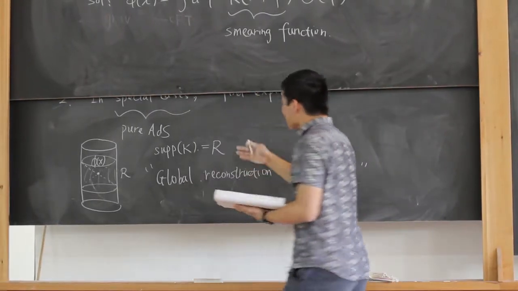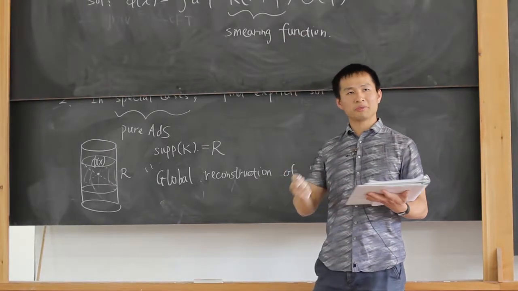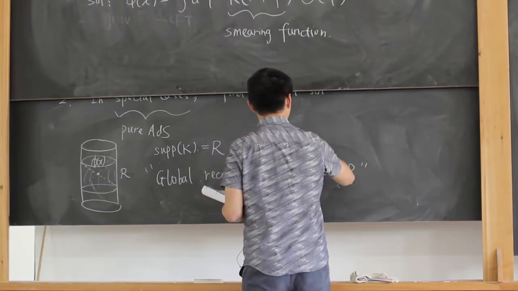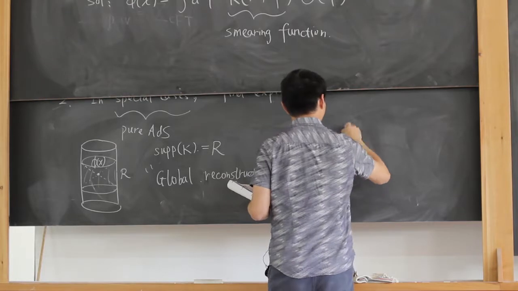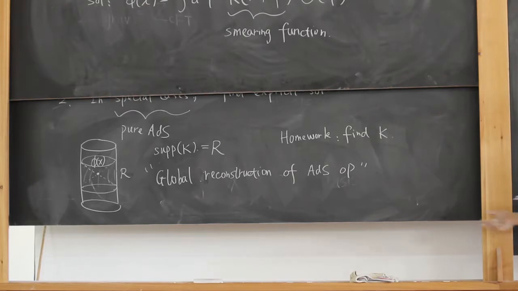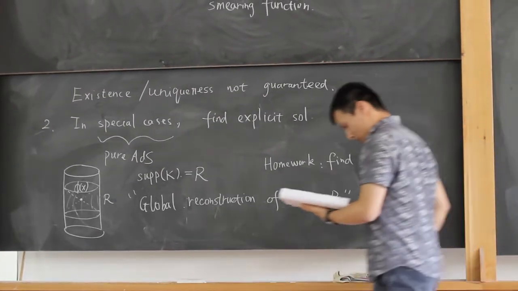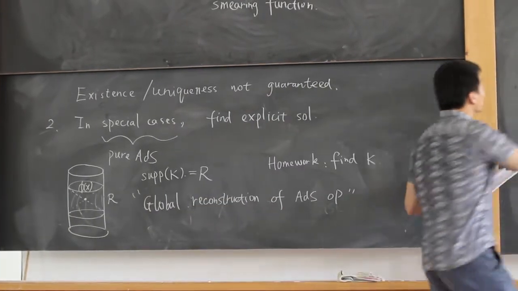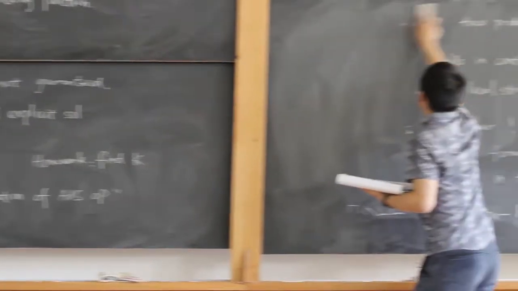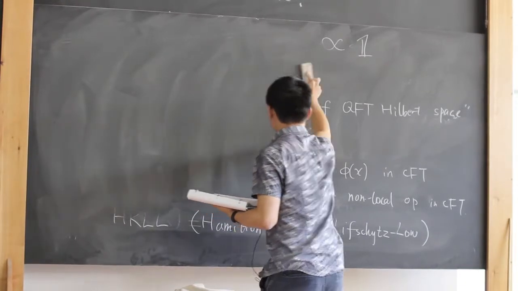So I'm not going to show an explicit formula for the smearing function in this case. It can be written down. It's not that complicated. So the homework problem would be to find this K. So next, I will talk about a more subtle version of bulk reconstruction.